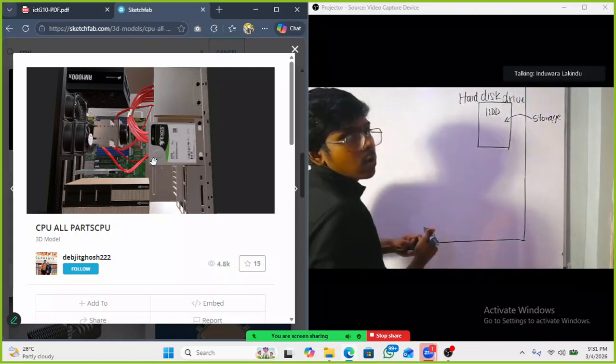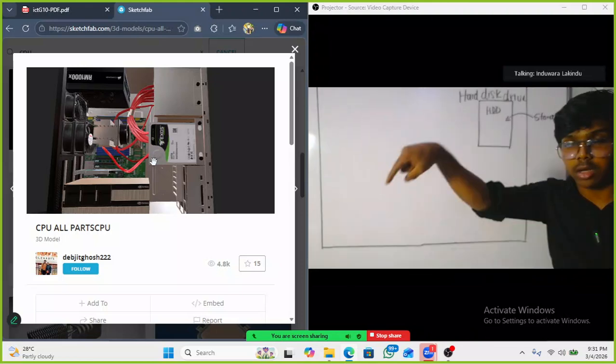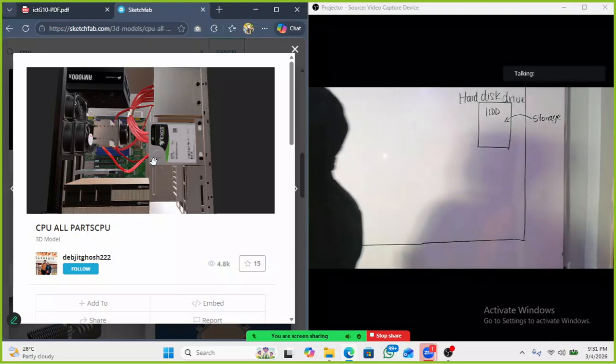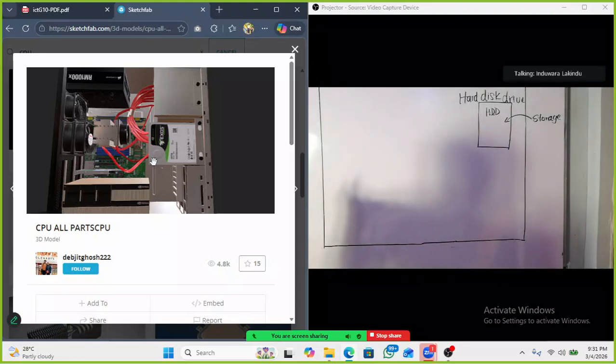So the hard disk, through the SATA cable, connects to the big green circuit, which is the motherboard. We have the data here.